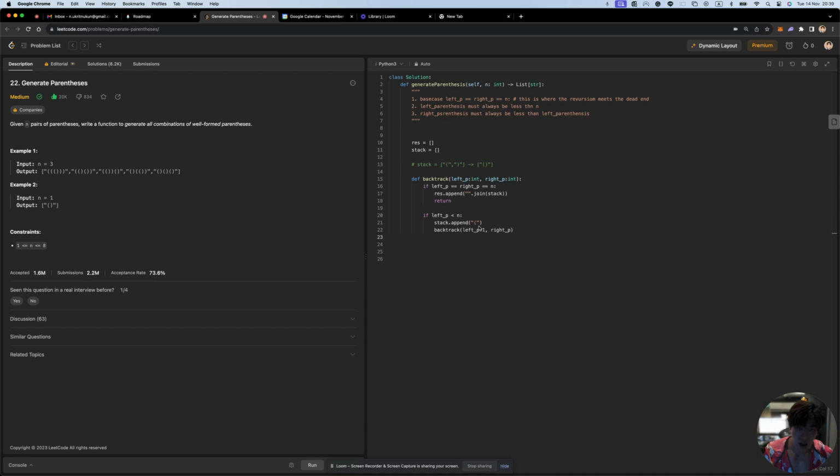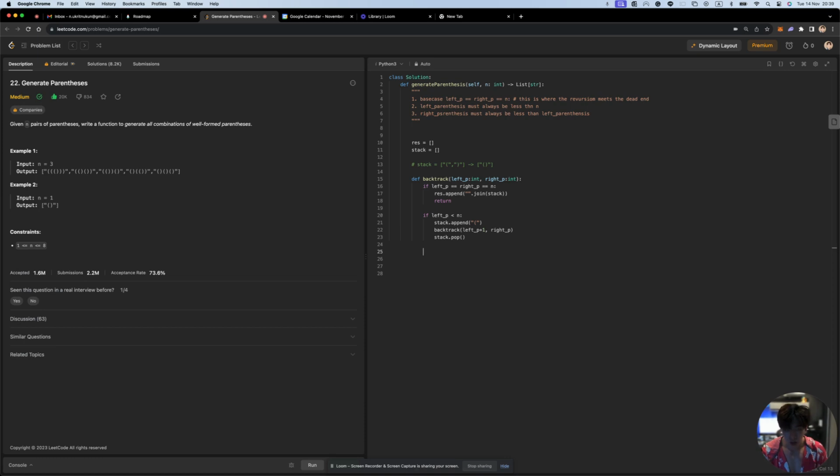It's going to recall this function again, but after the recursion ends, we need to pop the stack, the top element of the stack.